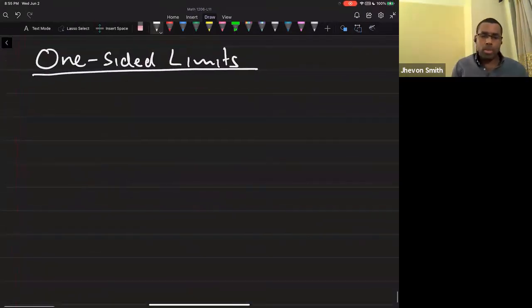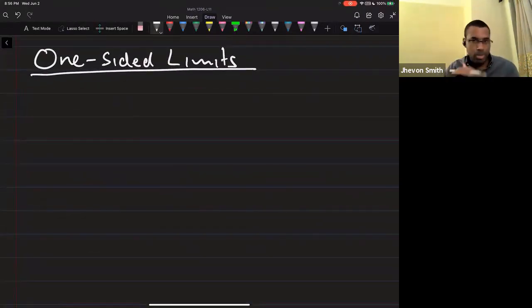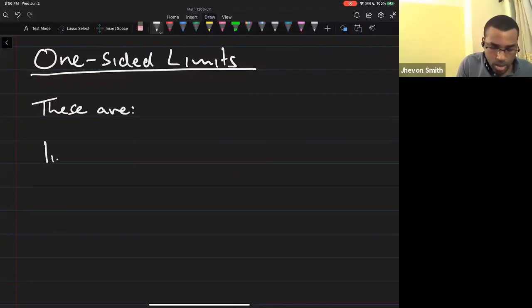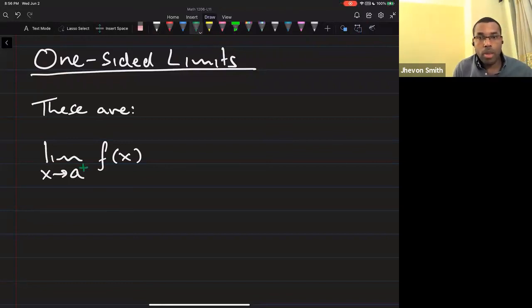Right? And again, I'm going to be very intuitive here. I'm not going to give you a very technical definition, but it is the following: limit as x approaches a, but you write a little plus sign here in the power.